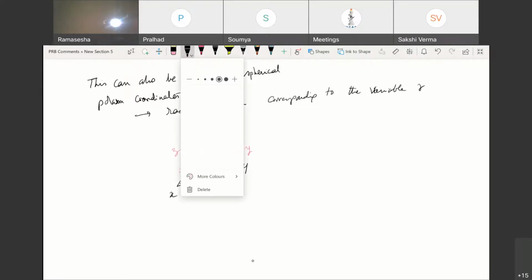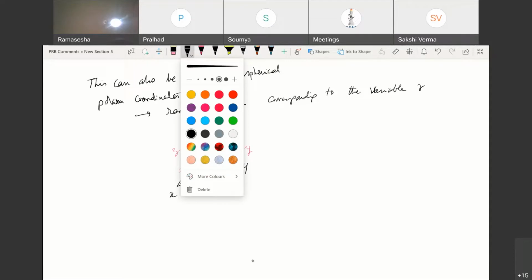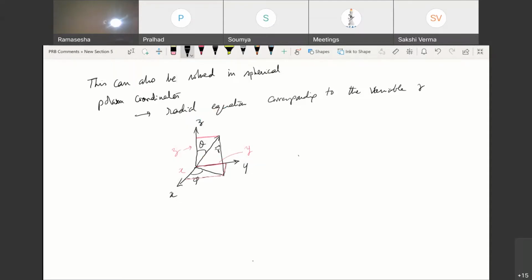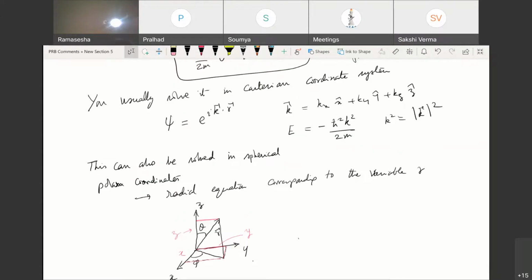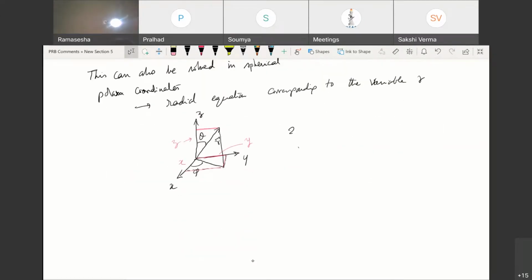If you have R cos theta, and x is equal to R sin theta cos phi.